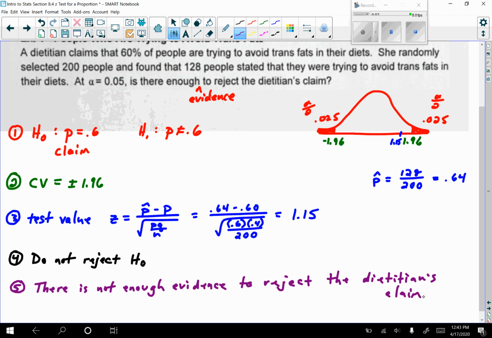Now again, in your research report, in this step you would want to restate what that claim is, but for right now we identify the claim in step 1, which is very important, because if you're saying it in step 5 but you have no indication what the claim is, you would want to definitely go back to step 1, make sure you have that claim identified.